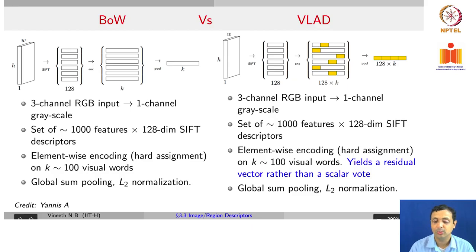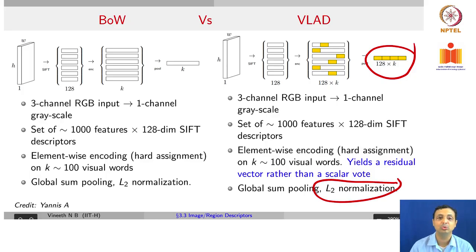And finally, you would get a 128 into k representation, which you would L2 normalize and use in practice. L2 normalize is simply to ensure that the vector becomes a unit norm, with L2 norm equal to 1. And that's the VLAD descriptor.